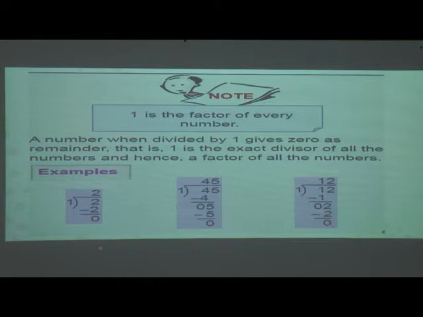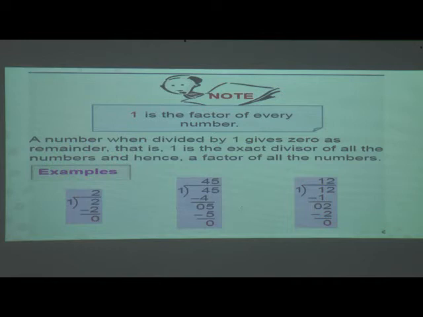You can see in these examples, when we divide 2 by 1, 45 by 1 and 12 by 1, we get the remainder 0. So, 1 is a factor of every number, because when we divide any number by 1, we get the remainder 0.